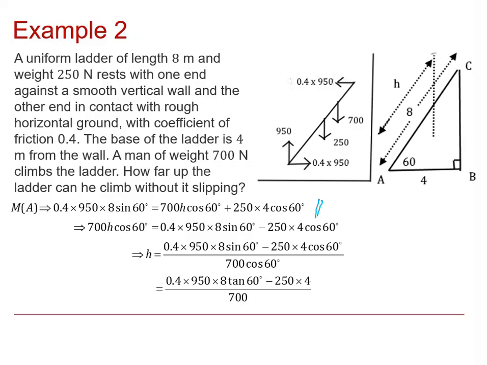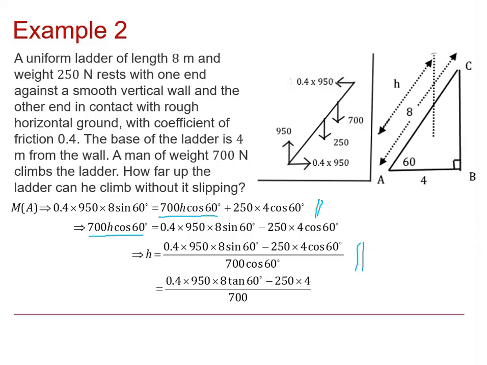We make 700h cos 60 the subject by moving the other terms round. And then we divide by the 700 cos 60 to get h equals the expression from the line above. Well, I could just work that out on the calculator, but to save pressing a few keys, I've divided the top and the bottom by the same thing, cos 60. So the sine becomes tan, and the two cosines drop out.